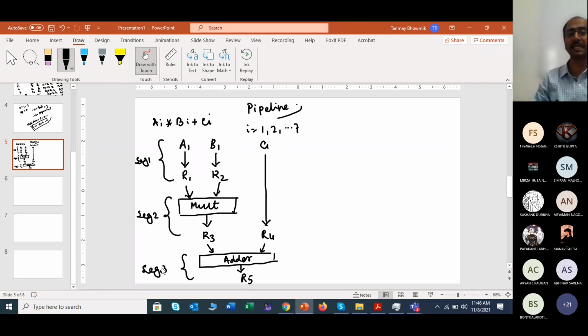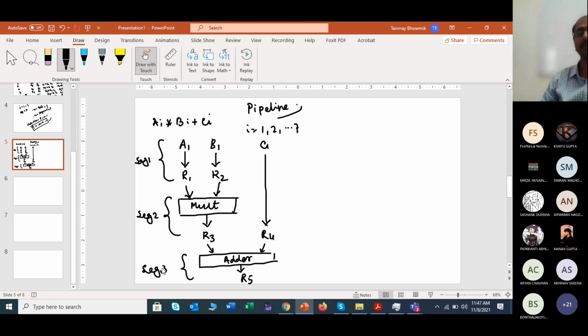If you break the whole unit of work into these segments, then at a time you can work on any one particular segment, and at the next time on the next segment. Like this you can continue. So this is the first consideration.